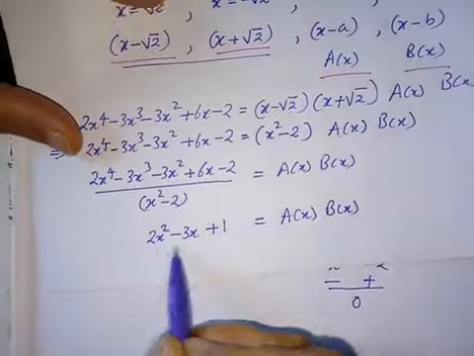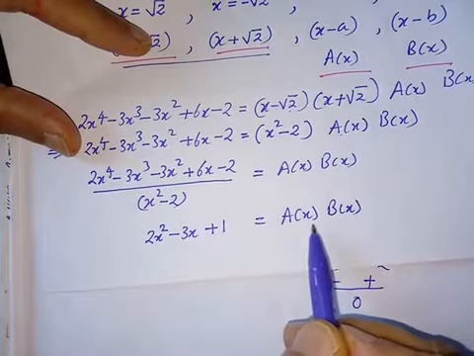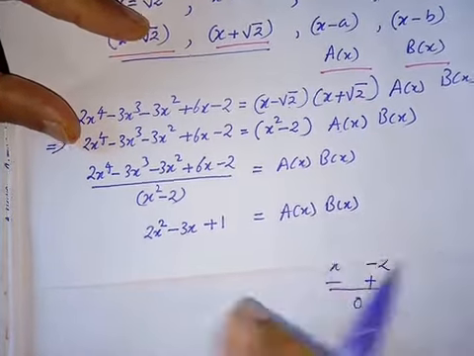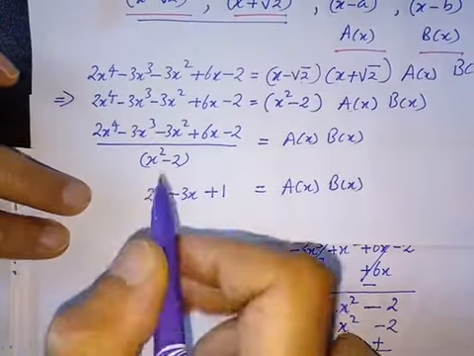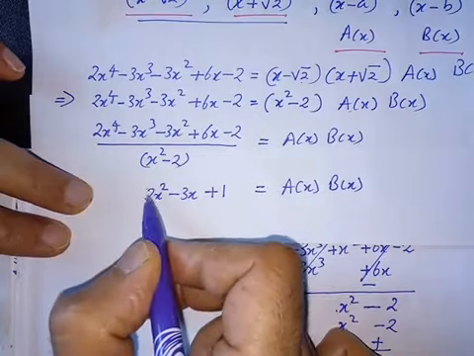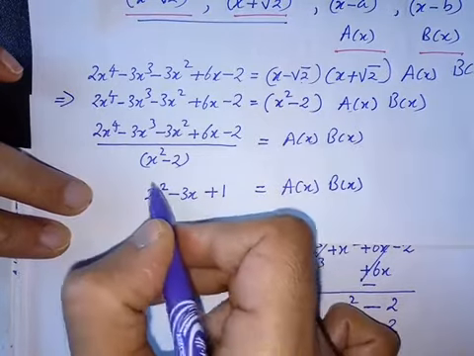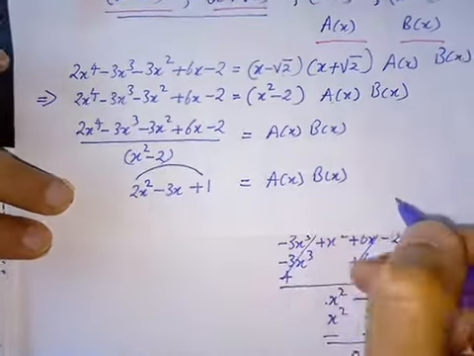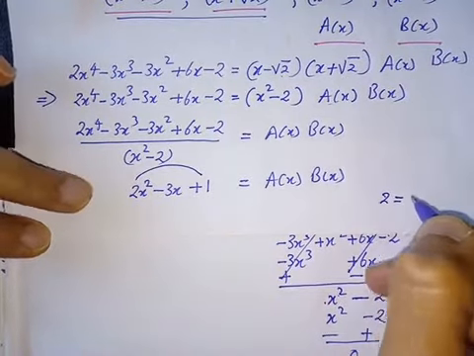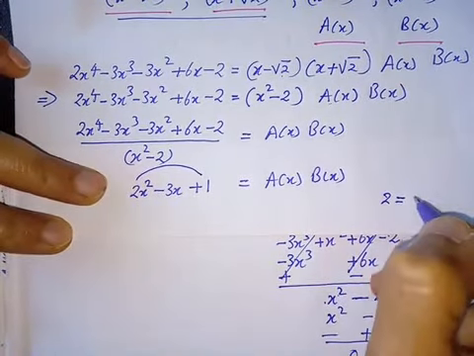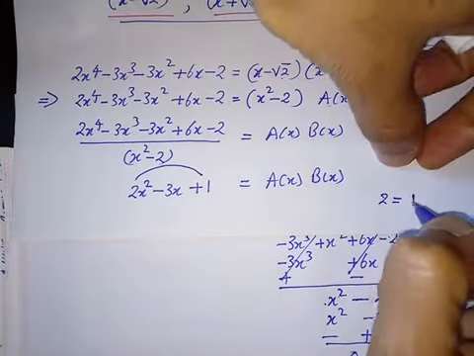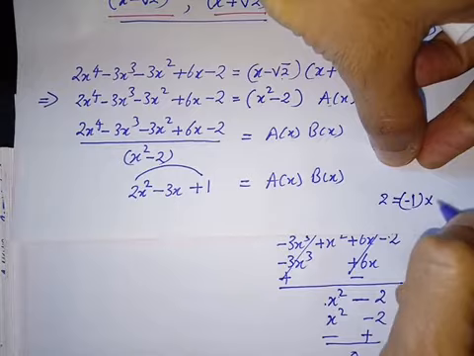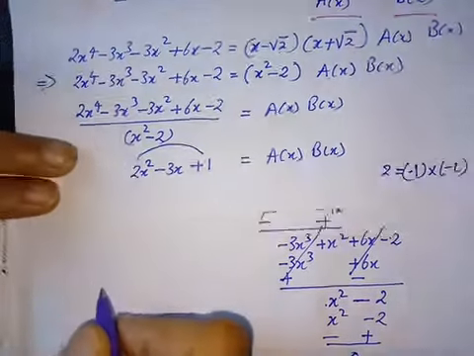It means this particular polynomial has these two polynomials within it. So for that we have to factorize it. Again here the coefficient of the highest degree is 2 and the constant is 1. On multiplying this we get 2. So we require two numbers which on multiplying give 2 and on addition give minus 3. So it will be minus 1 multiplied by minus 2.